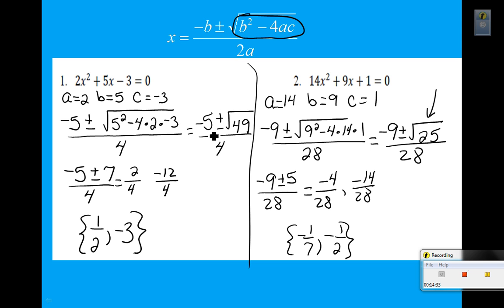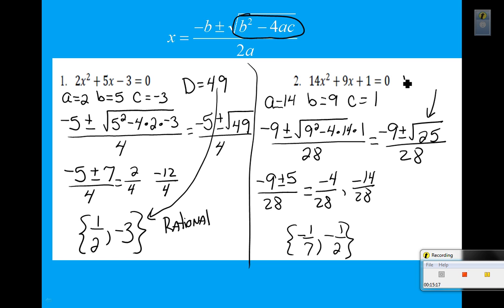When you look at this one, the discriminant value is 49. I know the square root of 49. It's 7. Look at the answers I got. I got 2 fractional answers. These are called rational numbers. Look at your number 2.